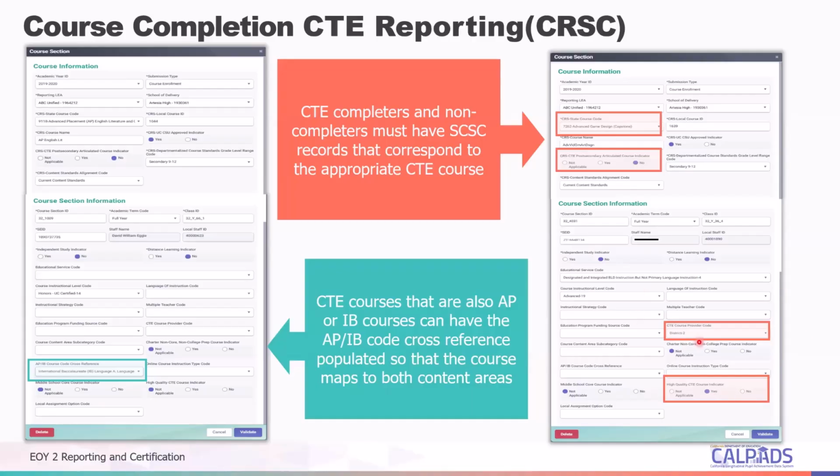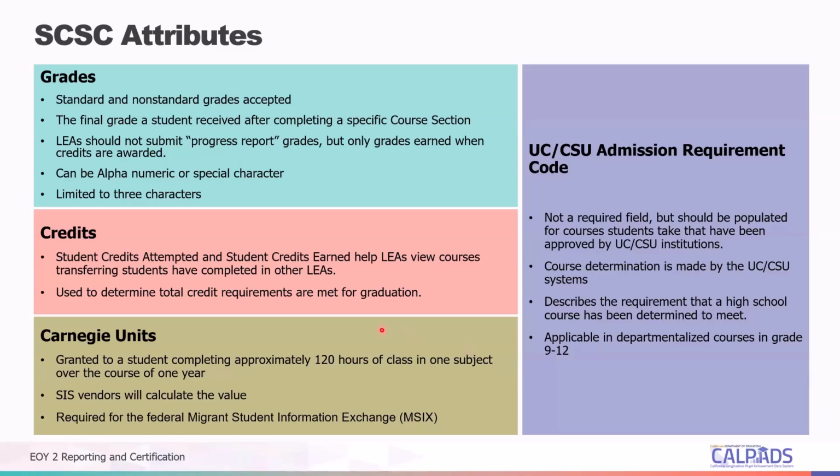I believe this CTE course provider code is no longer a required field or an expected field, so this can be left blank. So this slide contains key fields or attributes in the SCSE record. Again, there are 4 key attributes to be mindful of when populating SCSE records and reviewing associated EOY2 aggregate reports in CalPADS. They are grades, credits, Carnegie units, and the UC/CSU admission requirement code.